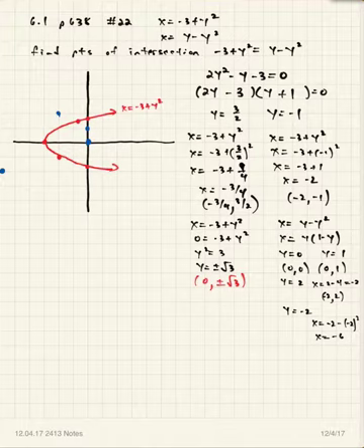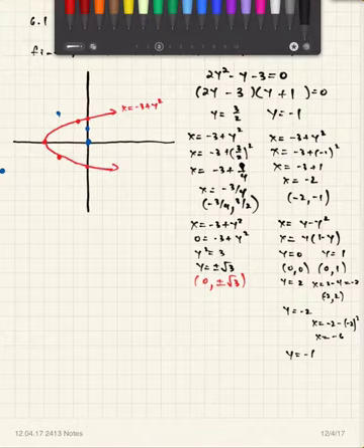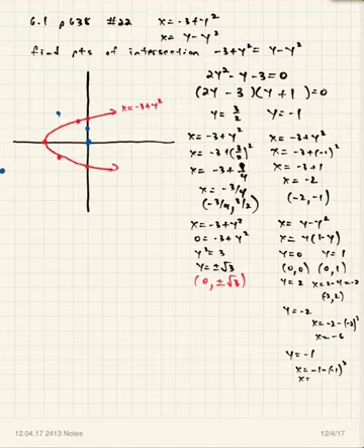Right, and so you're starting to get an idea of what this graph is going to look like. If you wanted to, you could complete the square to find the vertex of this parabola. You could use y = -1 if you wanted to get another point if you weren't sure. Using your graphing calculator would certainly be fine here. If you use y = -1, you get x = -1 - (-1)², or x = -1 - 1, or -2.